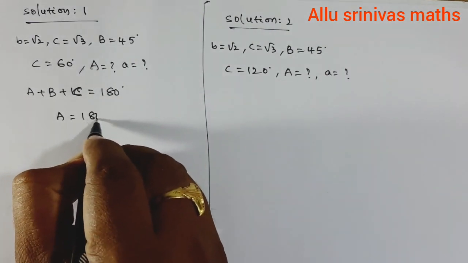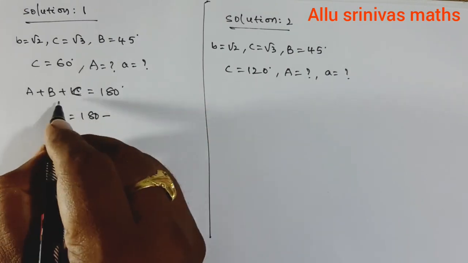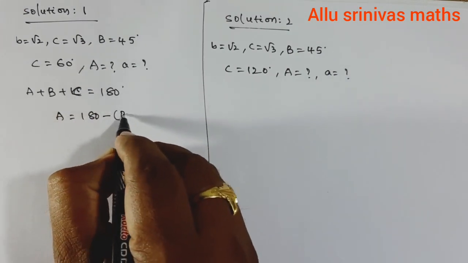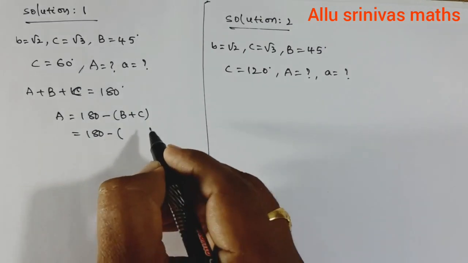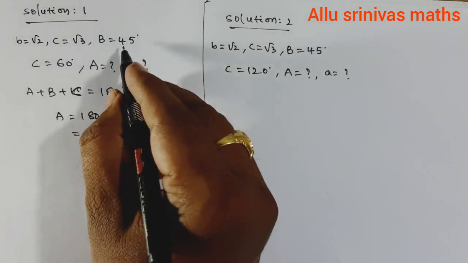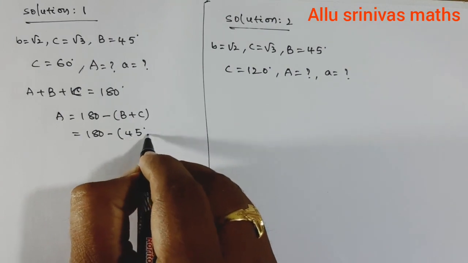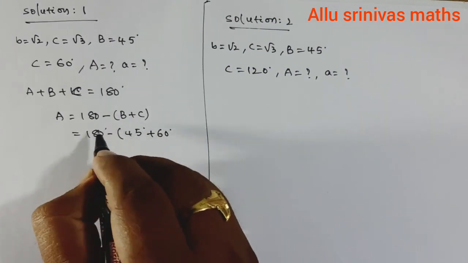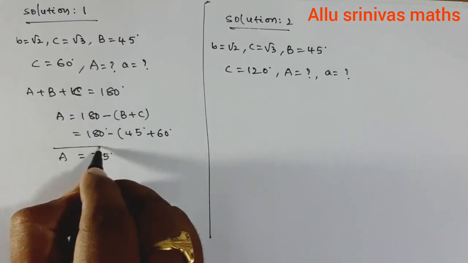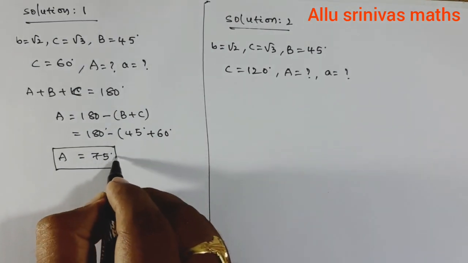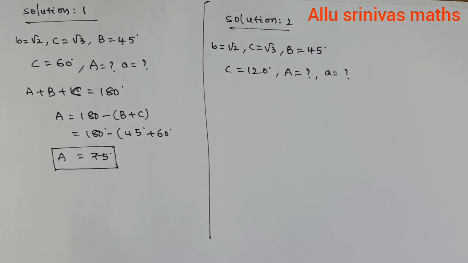B plus C sent to the RHS, then A equals 180 minus of B plus C, where B is 45 degrees plus 60 degrees. 180 minus 105 degrees is the finally required angle A equal to 75 degrees.